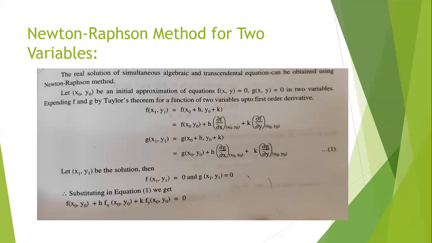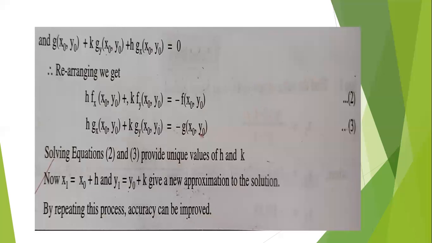Then put all the values, then the equation is f of x0 comma y0 plus h into fx at x0 comma y0 plus k into fy at x0 comma y0 is equal to 0, and g of x0 comma y0 plus h into gx plus k into gy at x0 comma y0 is equal to 0.